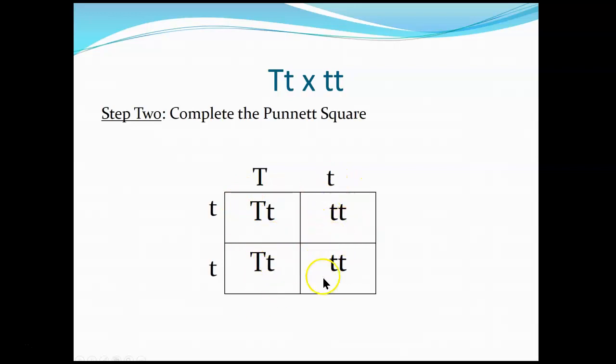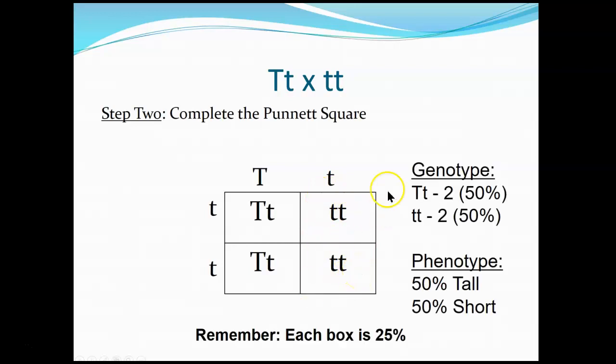And then we have 2 that are homozygous recessive, and so these 2 would be short. So the genotype is 50% heterozygous and 50% homozygous with the recessive trait. And the phenotype, how they look, you might think of physical. When you see that pH, that phenotype, we have 50% tall and 50% short.